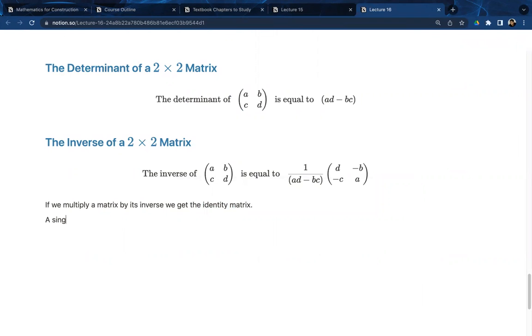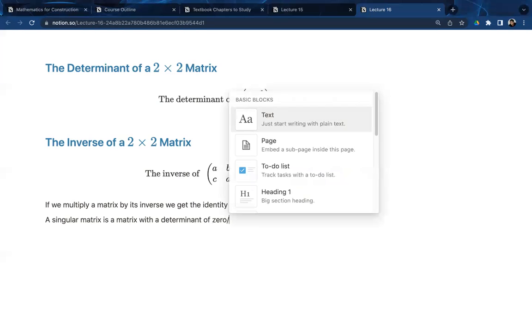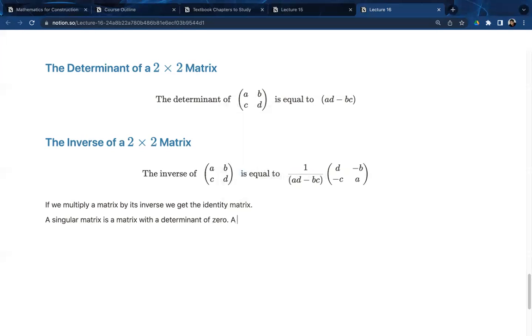A singular matrix is a matrix with a determinant of 0. So a singular matrix does not have an inverse.